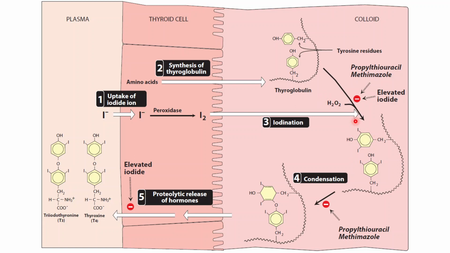That will make iodinated derivatives of tyrosine, and then condensation leads to the formation of the hormone, which can be triiodothyronine or tetraiodothyronine, and then they are released to the blood.